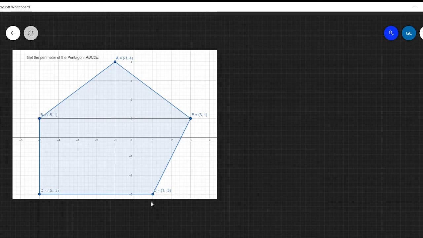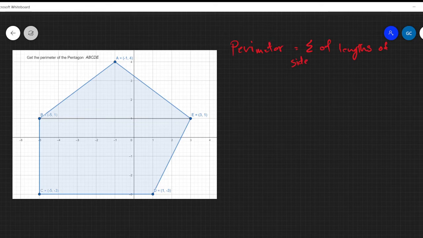Basically, when we are talking about perimeter, it is just the summation of the lengths of all sides of our polygon.